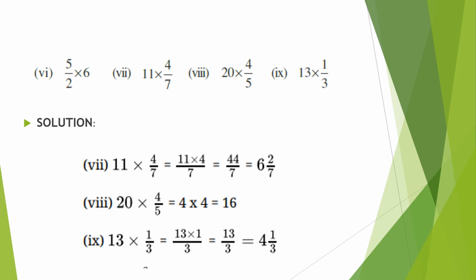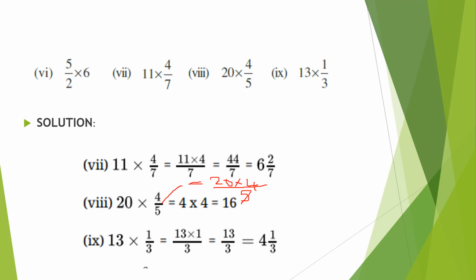So children, here we have to write one more step. We can write it here. Here you can write one more step, that is 20 multiplied by 4 whole divided by 5.